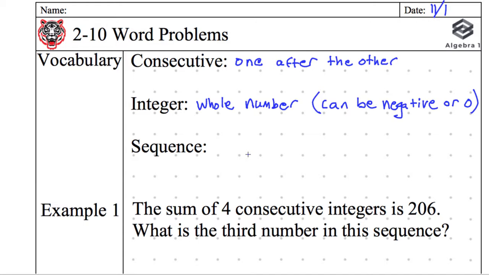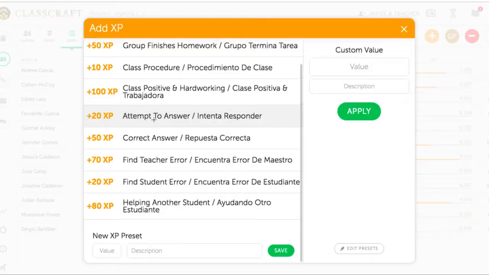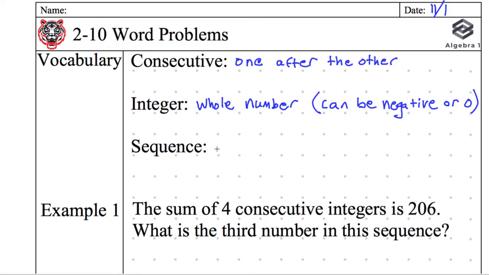And sequence. Anyone want to give a shot at sequence? Go for it, Andres. A problem? Good guess, but not quite. You still get your XP though. Sequence, this is kind of just like a list.